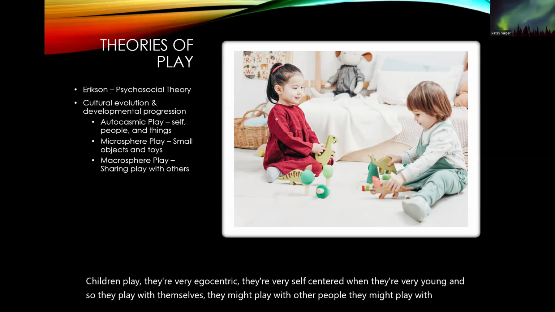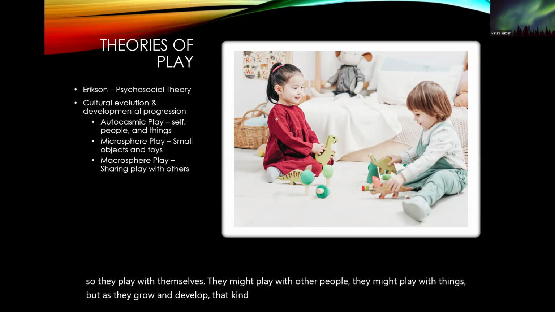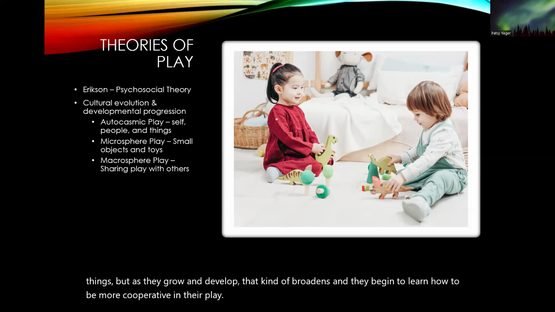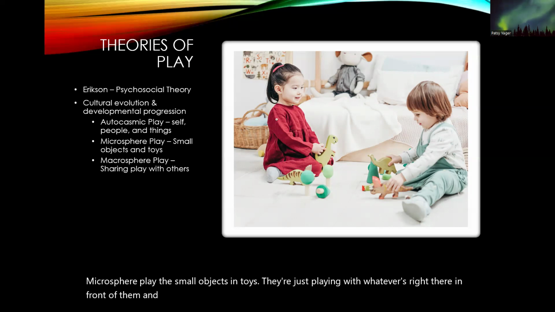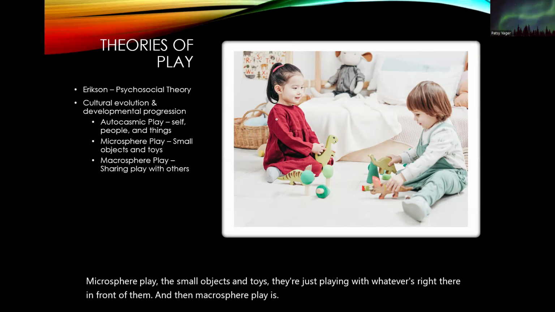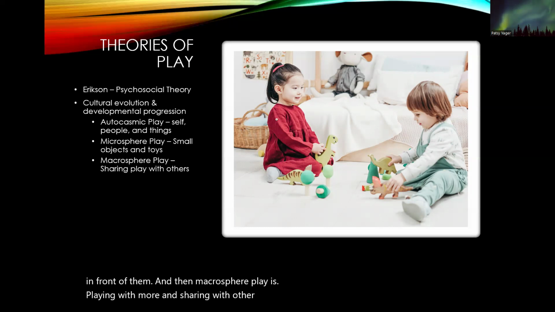But as they grow and develop, that broadens and they begin to learn how to be more cooperative in their play. Microsphere play is with small objects and toys, just playing with whatever's right there in front of them. And then macrosphere play is playing with more and sharing with other children and really interacting and cooperating with other children.